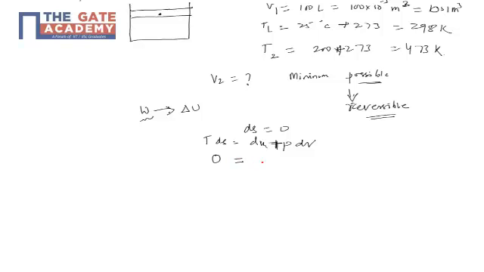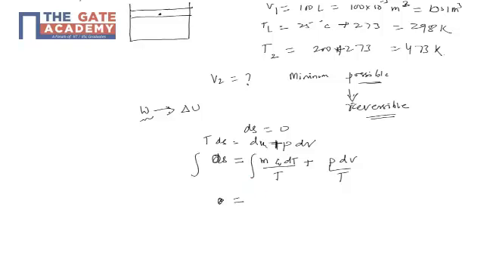So du for an ideal gas, now air is assumed as an ideal gas, so du we can write mcv dT, and pdv we can write. Before applying the fact that entropy is 0, I can take T to the right hand side and then apply the fact.